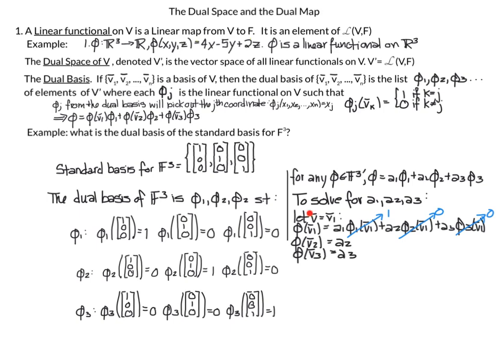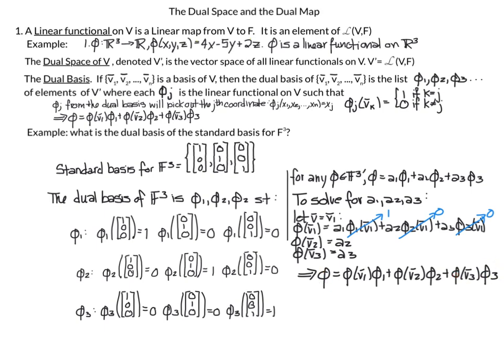Similarly, we can set v equal to v2, and we'll find that phi of v2 is equal to a2, and when we set v equal to v3, then phi of v3 is equal to a3. So finally what we get is phi is equal to phi of v1 times phi1, plus phi of v2 times phi2, plus phi of v3 times phi3.